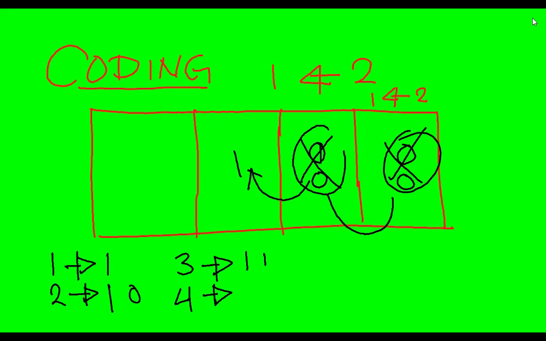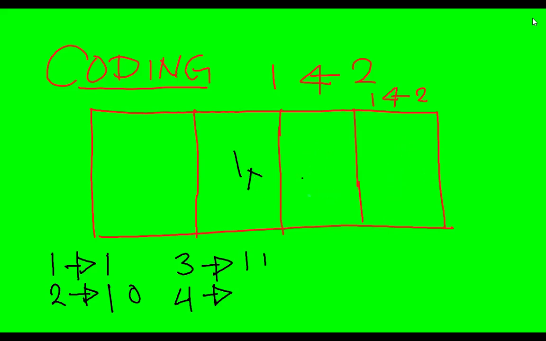So let's see what has happened. Those were explosions, nothing was left. You only have 1 dot on this side. So the coding for 4 becomes 1 dot there, nothing there, and nothing there. The coding for 4 is simply 1, 0, 0.